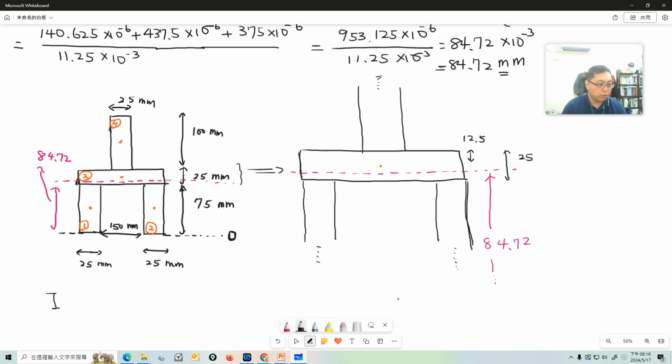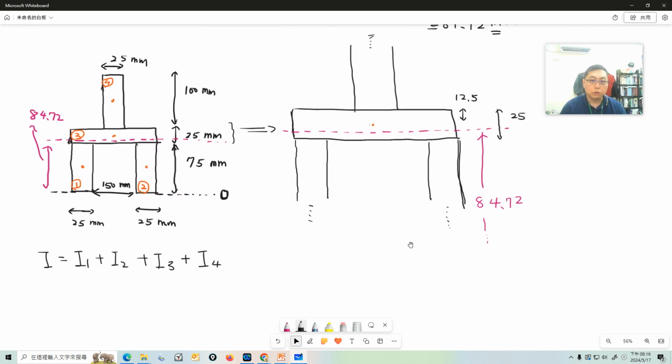So the total moment of inertia is equal to I1 plus I2 plus I3 plus I4. We have to calculate four moments of inertia, and we have to use the parallel axis theorem because the neutral axis is not passing through the centroid of each section. Let's calculate I1 and I2 first. Actually, I1 is equal to I2, so let's only calculate I1 first.